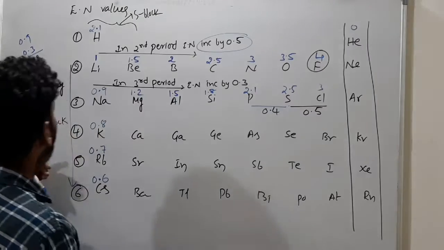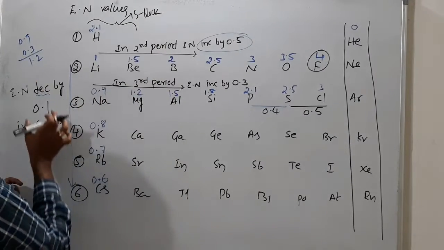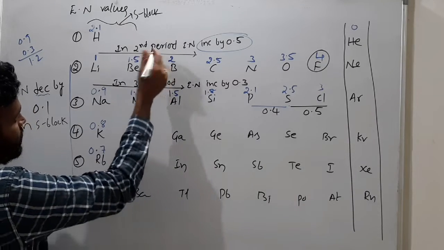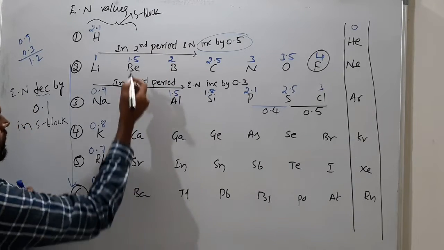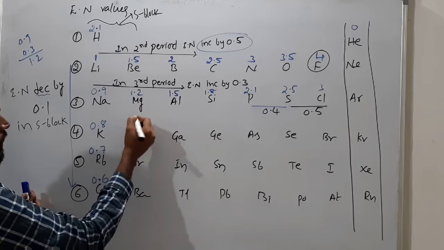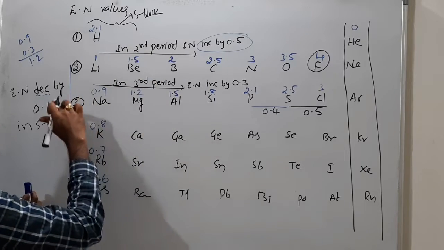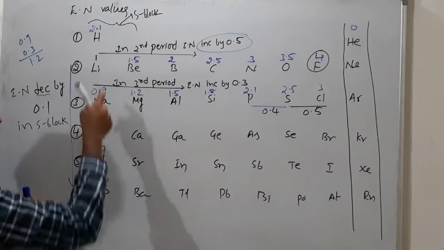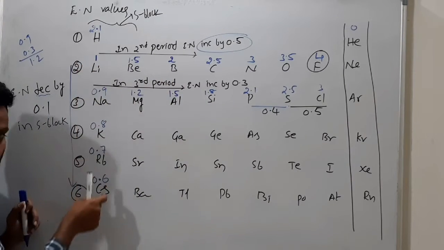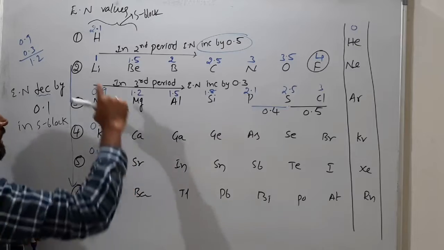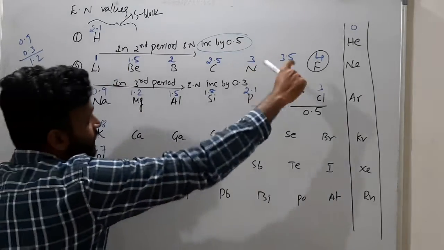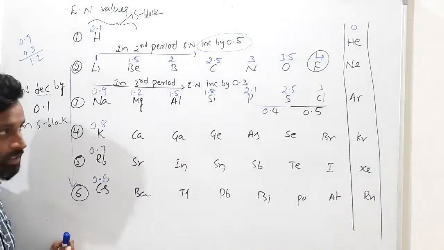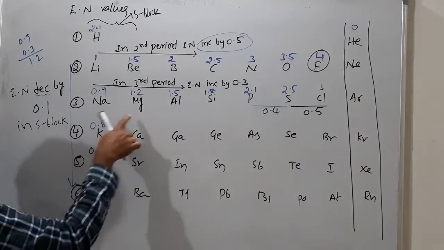So please remember, in S block electronegativity decreased by 0.1. Please remember. So S block means only two groups. This is 1.5, this is 1.2. Only this. But sir, here 0.1 only difference you said, means here different, no sir means, that's why I said first you remember this group, afterwards remember second period and third period. Understood sir? Then you can decrease by 0.9.